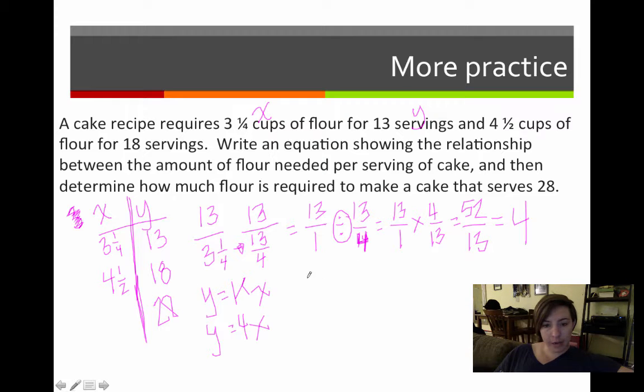So let's plug that into our equation. 28 equals 4x. To isolate that x variable, we have to divide both sides by 4. 28 divided by 4 is 7. So it would take 7 cups of flour to make a cake that serves 28 people.